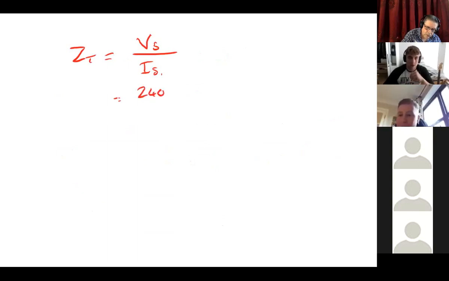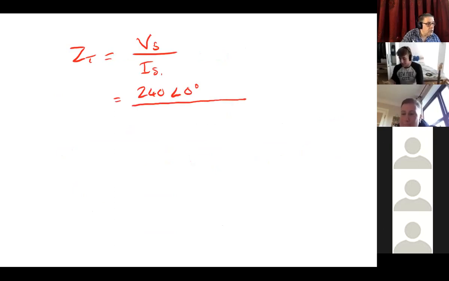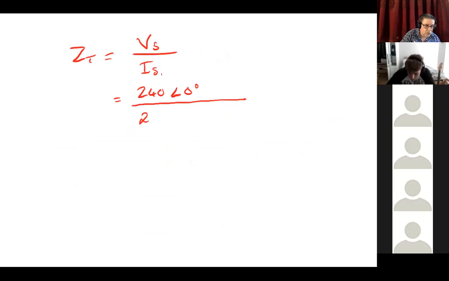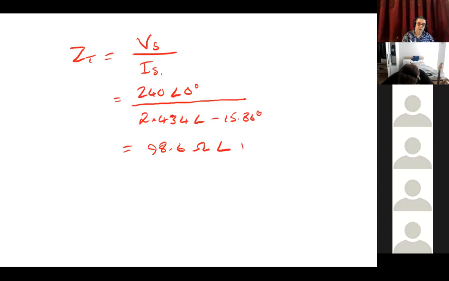That's 240 angle 0 degrees over what we just calculated, 2.434 angle minus 15.86 degrees. 240 over 2.434, we get 98.6 ohms angle 15.86 degrees. All agree with that. Good.